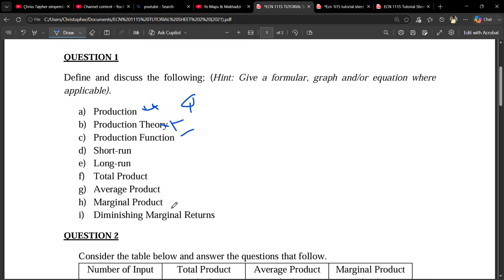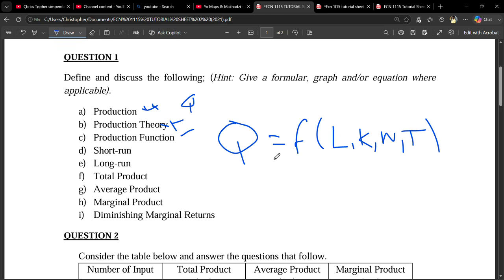As I was saying, the production function will show the maximum output that is going to be produced if we get labor, capital, natural resources and entrepreneurship and put them together. This will be the maximum output produced from the given level of inputs and the available technology.